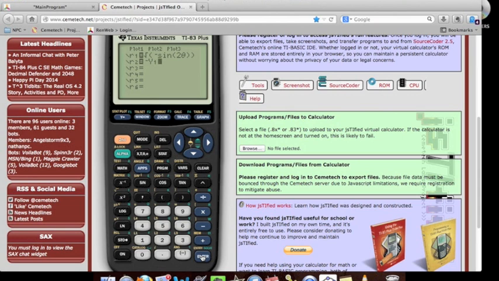If you go into vars and choose y vars and then function, it'll allow you to reuse any equations that you've already put in, or you could just type it all in again. But then for my zoom, I'm going to go zoom standard on this.